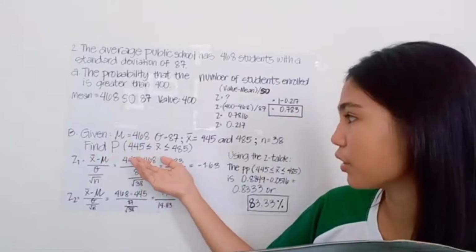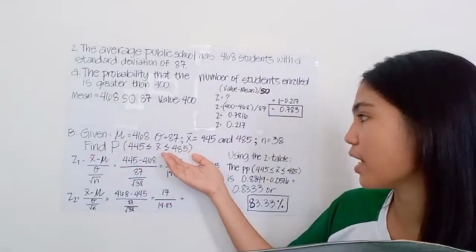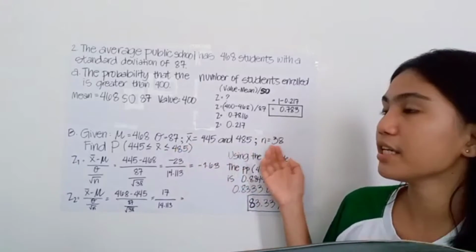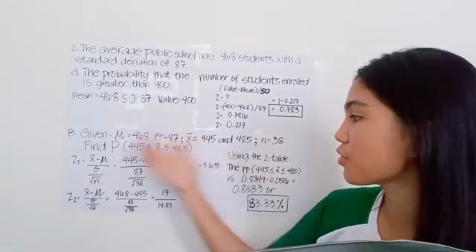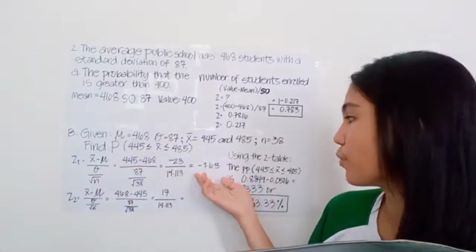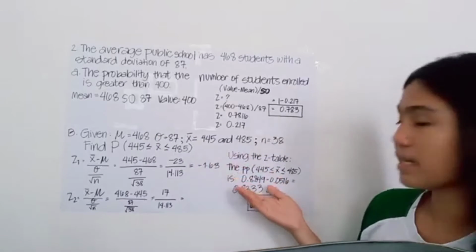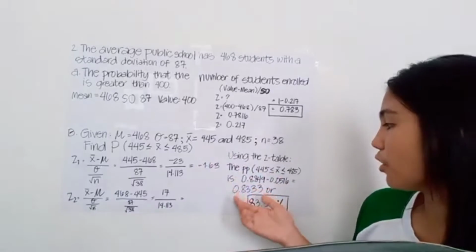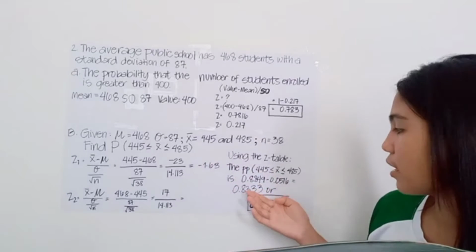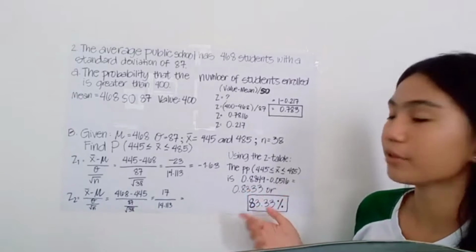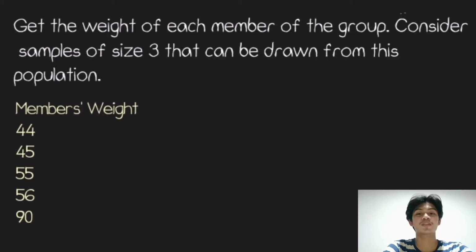Mean is 468, standard deviation is 87, x bar is 445 and 485, n is 38. So first we have to solve this one to get the answer, and the answer would be negative 1.63. So using the z table, the answer is 0.8333 or 83.33% converted to percentage.